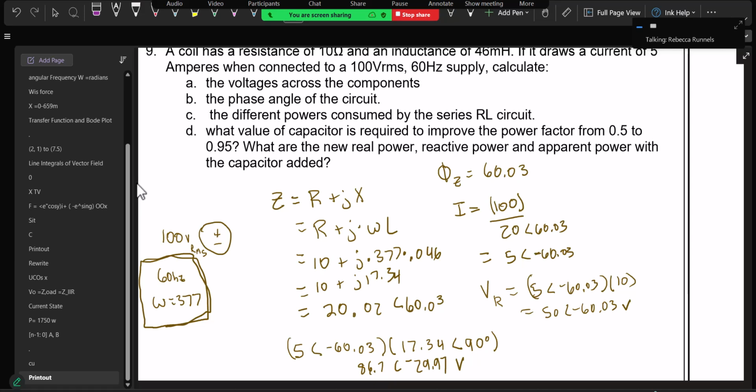Now the different powers consumed by the series RL circuit.